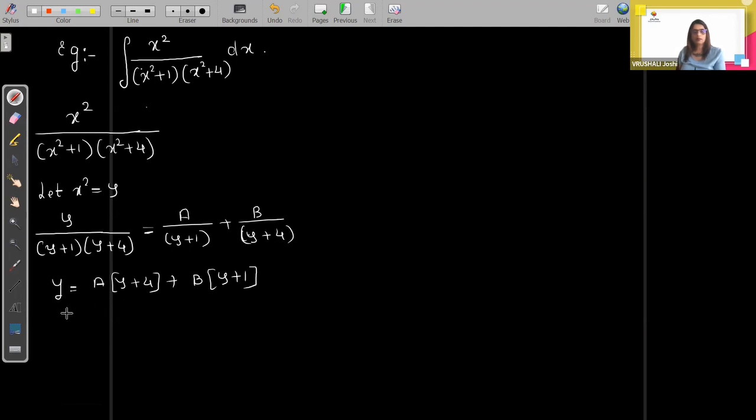That means if you take y equal to minus 4. Okay, so let us take y is equal to minus 4. If you take y equal to minus 4, then this will come minus 4 is equal to, A will become 0, B is going to be minus 4 plus 1, correct?